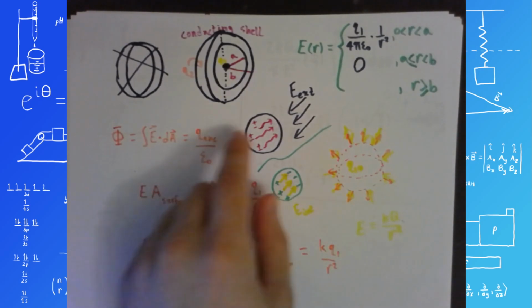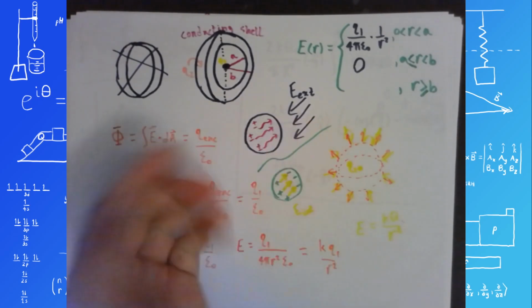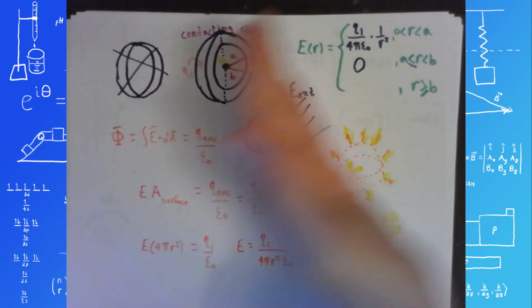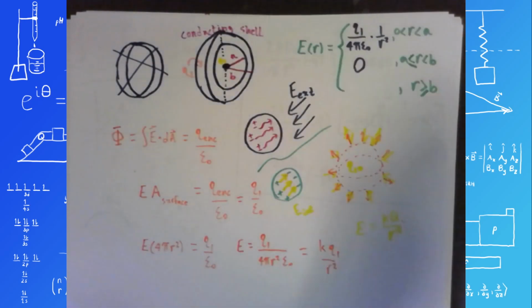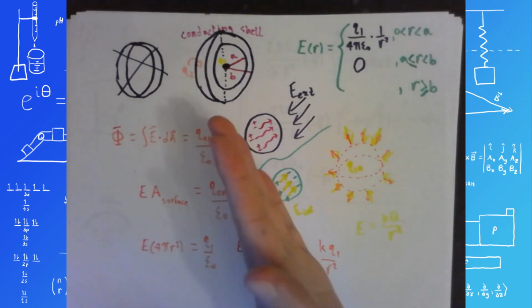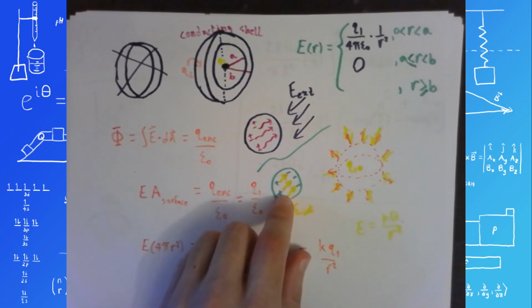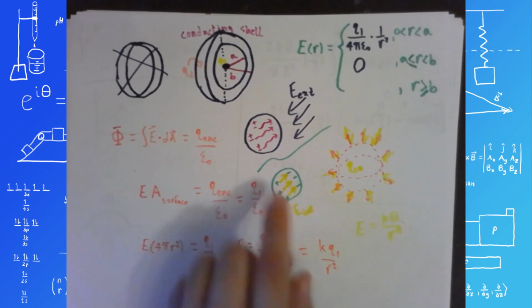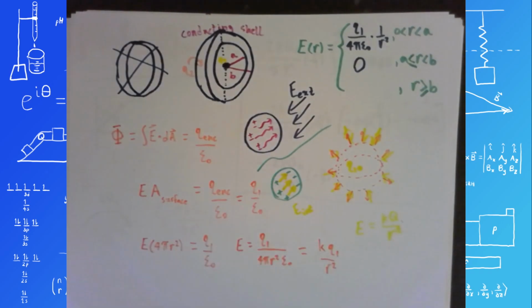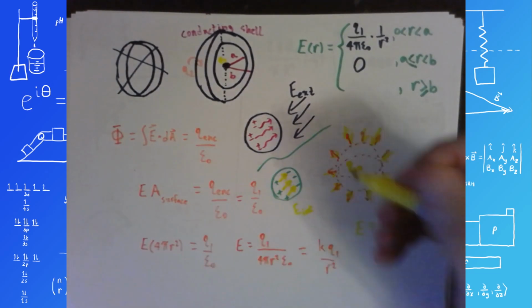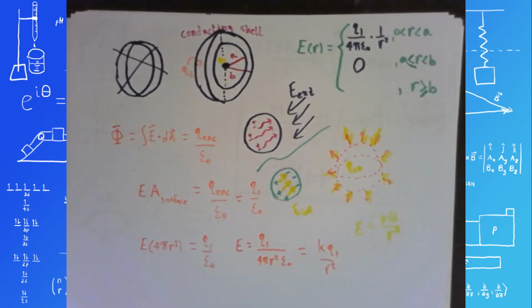The same thing that's been happening. This external electric field will continue pulling electrons towards it while leaving protons behind. But the more that happens as time progresses, and more negative charge builds up here, leaving behind more positive charge built up here, this internal electric field gets stronger. Eventually, it gets so strong that it cancels out with the external electric field. And that leaves you with a total electric field of 0.